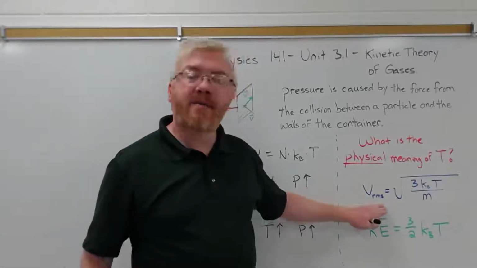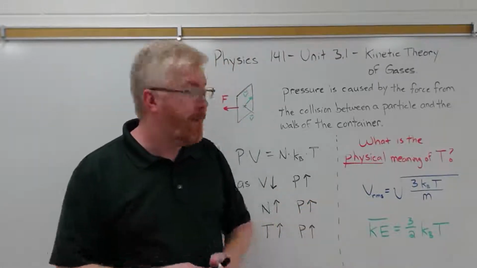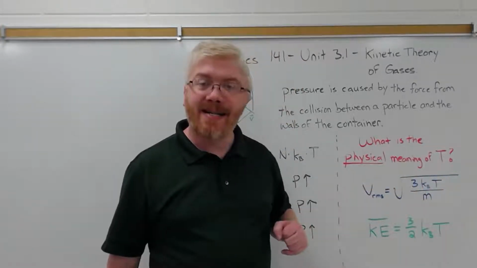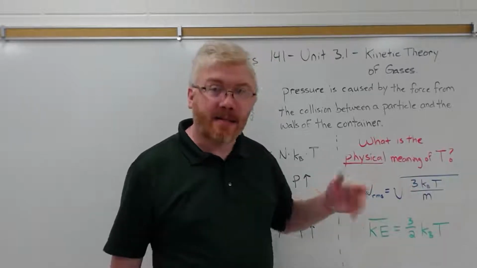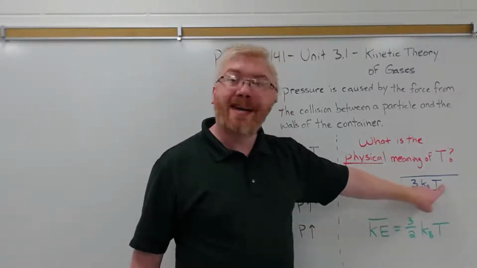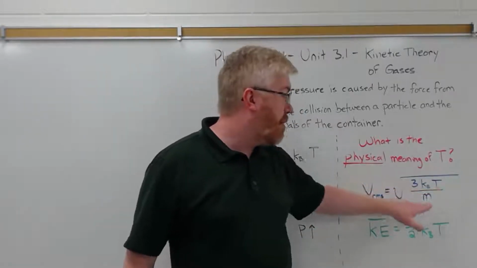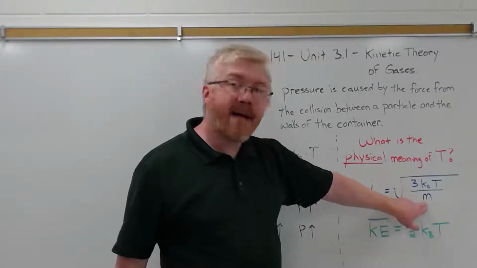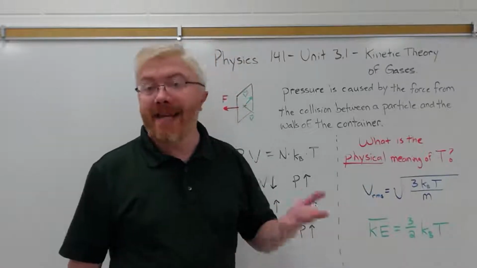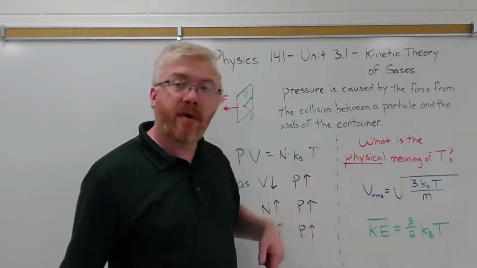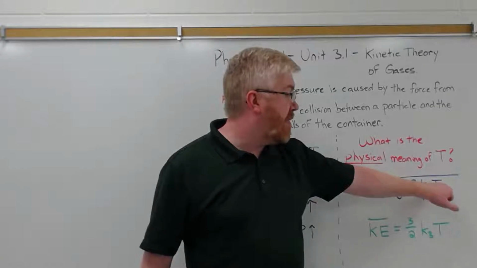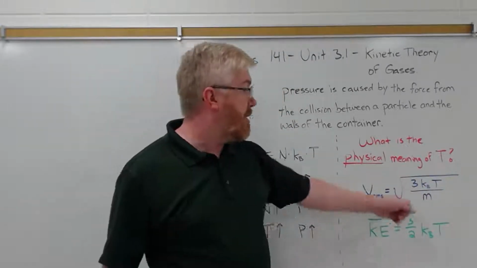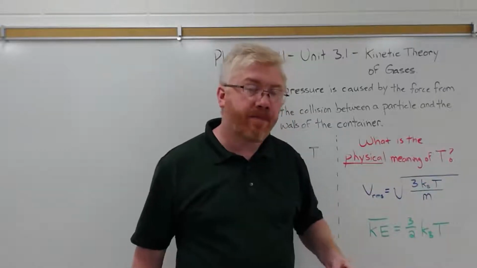The average speed of molecules in a room or in a container is equal to the square root of 3 times Boltzmann's constant, again that's just a constant, times the temperature in Kelvin over the mass of the object. So low mass molecules like helium will have a greater RMS speed at a given temperature than massive xenon will at the same temperature.